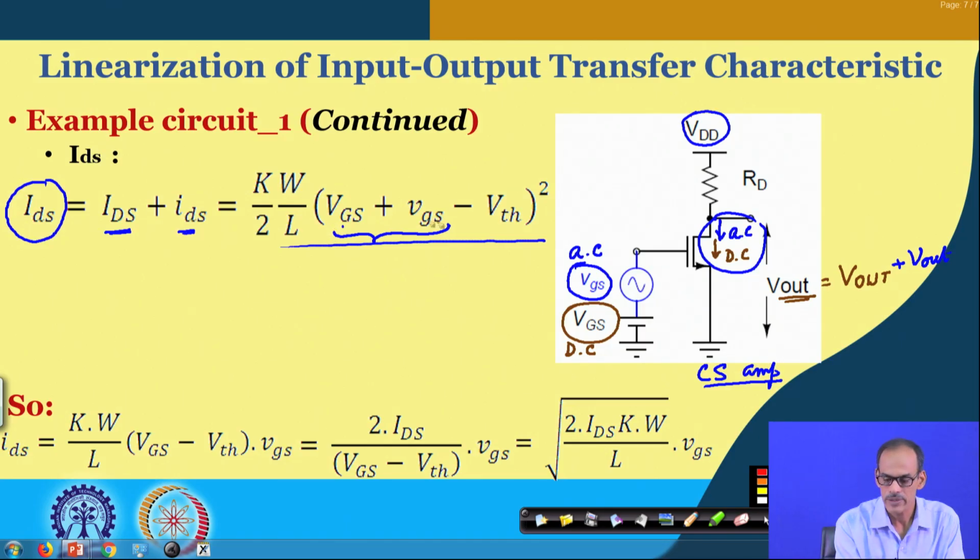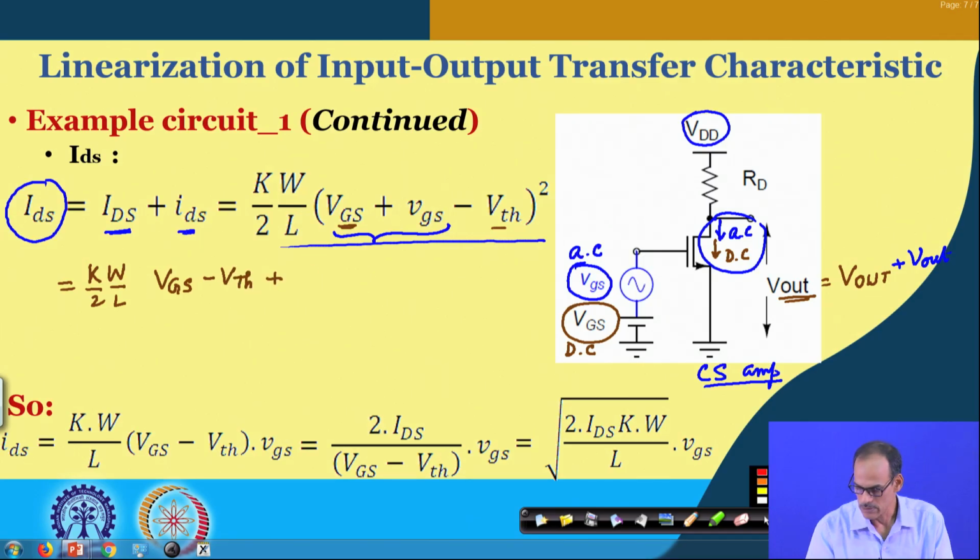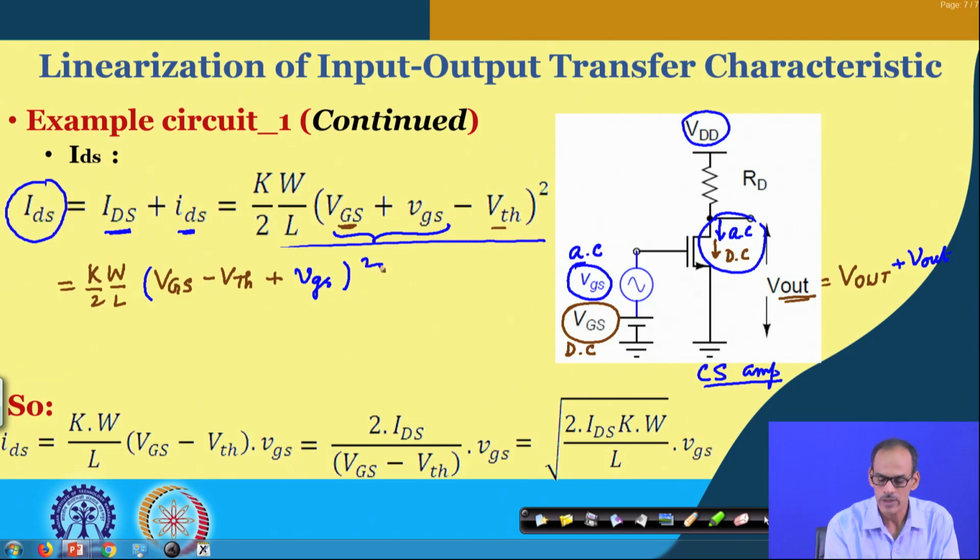So, if I expand this, we have k divided by 2 W by L as is, and then we take the VGS minus VTH part separately. From this VGS, we have capital VGS minus VTH plus small vgs, and we have a square around that.